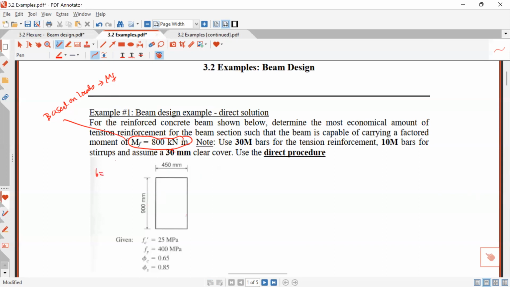So B is 450 millimeters and H is 900 millimeters. Also, F prime C is 25 MPa. And we're told to use 30 M bars and 10 M stirrups.